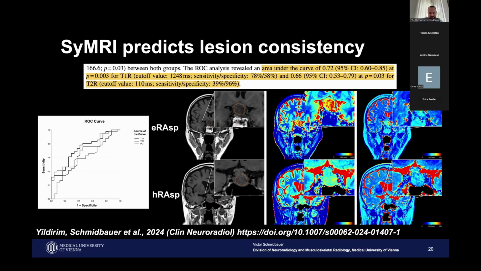However, sometimes in around 20% of the cases, there are fibromatous components within the lesion, which makes them really hard to resect. And this is helpful for the neurosurgeons to know prior to surgery with regard to the consistency. We're currently working to establish this sequence as a standard sequence for pre-surgical planning at our institution.